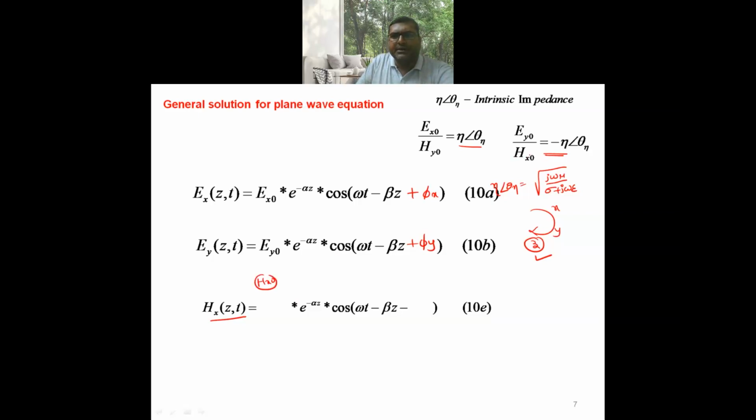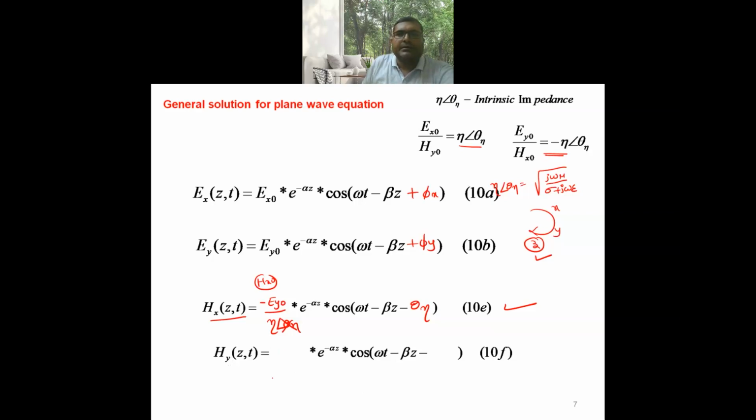Hx naught can be replaced with minus Ey naught by eta at angle theta. Here you can exclude the term theta by inserting into the cos. 10c can be rewritten as 10e.